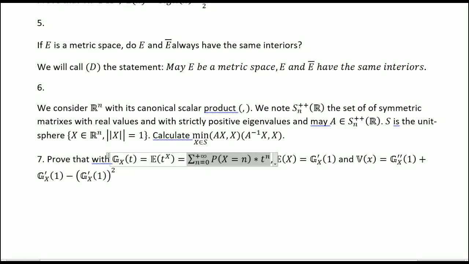So it's equal to the sum between 0 and plus infinity of p, the probability. Oh, also it's double p. Thank you. That x is equal to n times t to the power n.